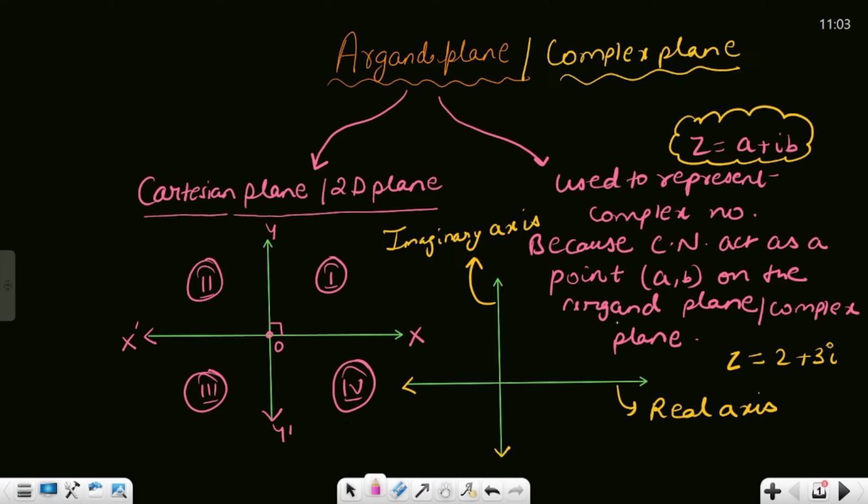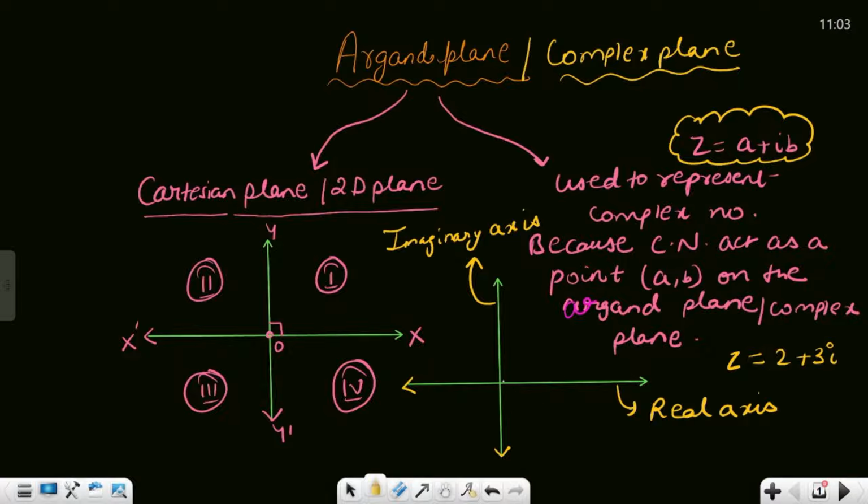If I tell you to represent z is equal to 2 plus 3 iota in this Argand plane, how will we represent it? You know that this complex number will act as a point 2 comma 3 on this Argand plane.